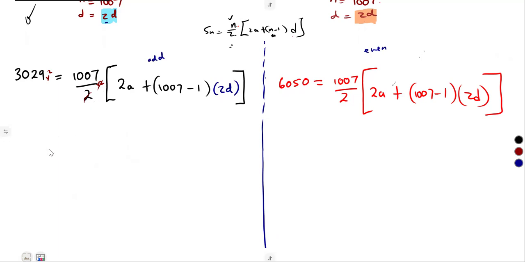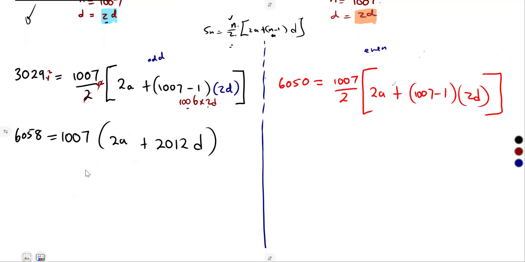So you are going to have 6058 equal to 1007 into 2a plus 1007 minus 1, which is 1006, times 2d. So 1006 times 2 gives us 2012 times d.